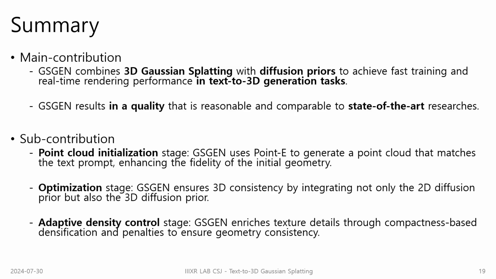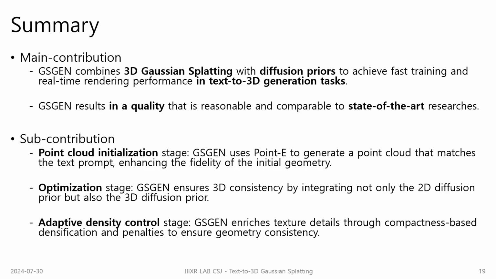In summary, GSGEN combines 3D Gaussian splatting with diffusion priors to achieve fast training and real-time rendering performance in text-to-3D generation tasks. In the point cloud initialization stage, it uses Point-E to generate a point cloud that matches the text prompt, enhancing the fidelity of the initial geometry.